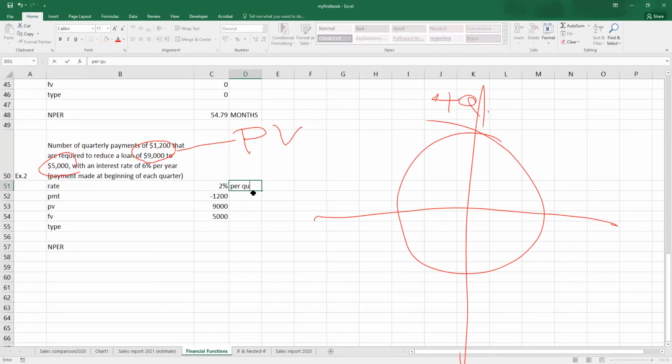It might not be 2% sharp; check by increasing decimals. Actually, it's 1.5% per quarter. And since you pay at the beginning of the quarter, the type is 1.